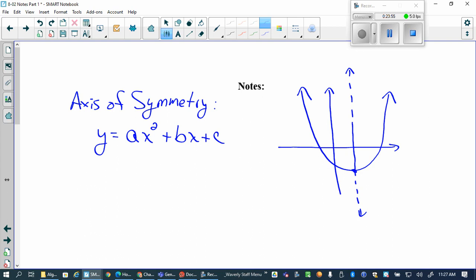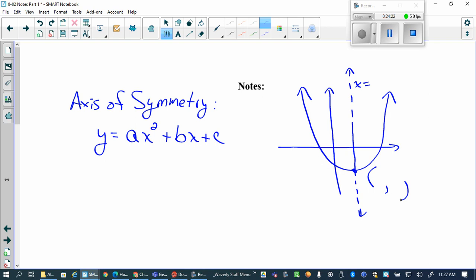And there's my axis of symmetry. Seems a little off, but you get the idea, right? And the equation for that axis of symmetry is x equals something, right? Because it cuts what axis? X-axis. And this vertex is x comma y, right? And aren't they the same x?